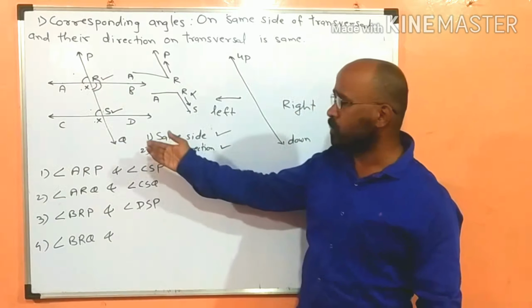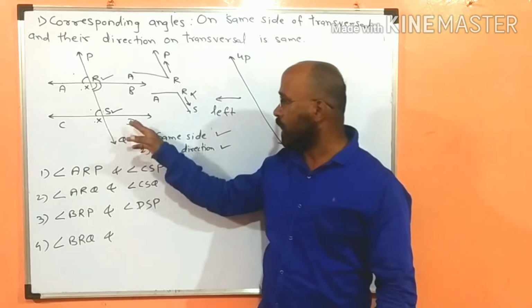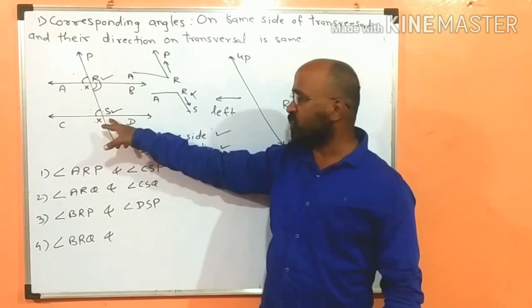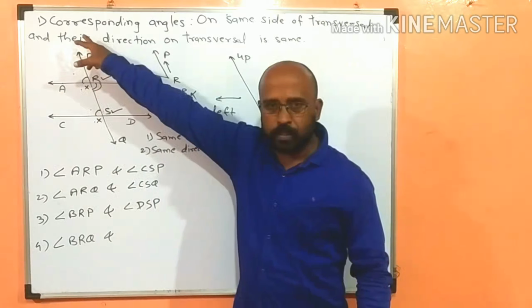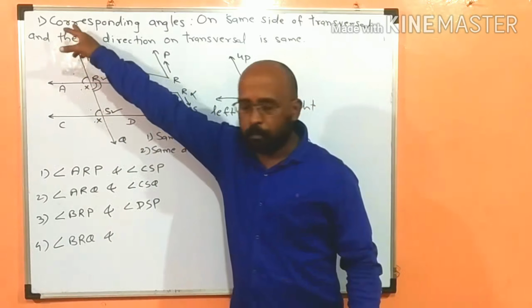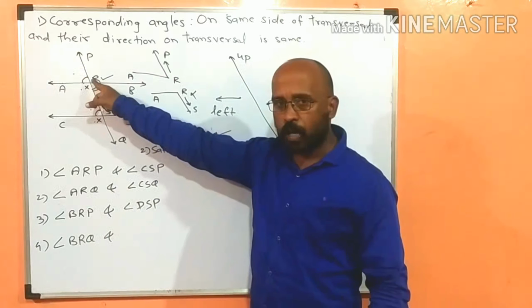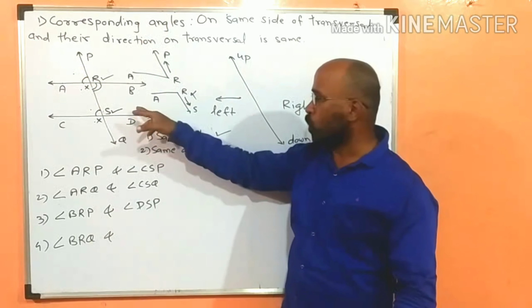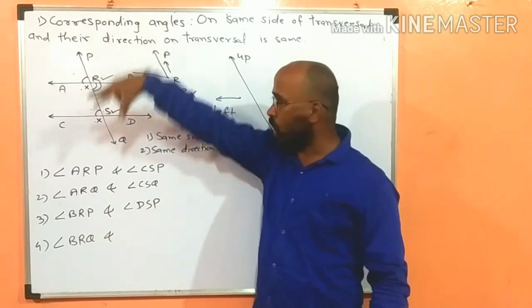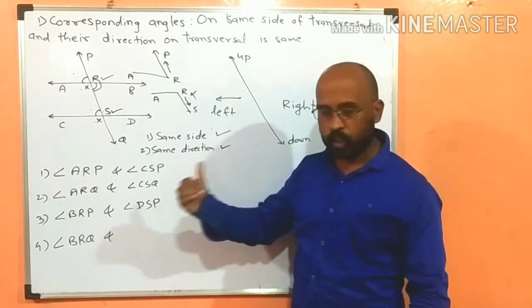Angle DSP is on the right side, so same side criteria is fulfilled. Its arm on the transversal is SP, going towards up. But angle BRQ, its arm on the transversal is RQ, which is going towards down. So SP is going towards up and RQ is going towards down. So these two are not corresponding angles.